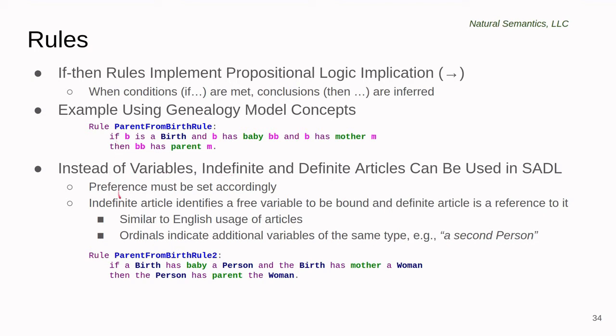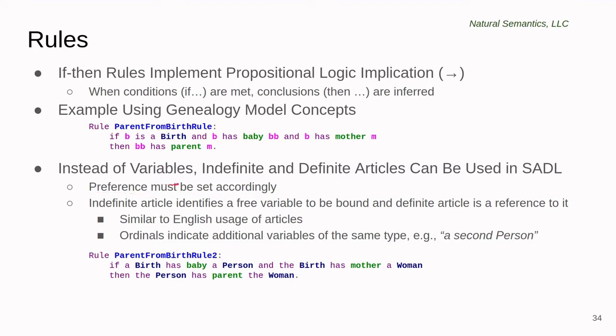And you have to set the preference for the use or not the use of indefinite and definite articles in your preference settings. In other words, SADL needs to know which kind of rule you're using.